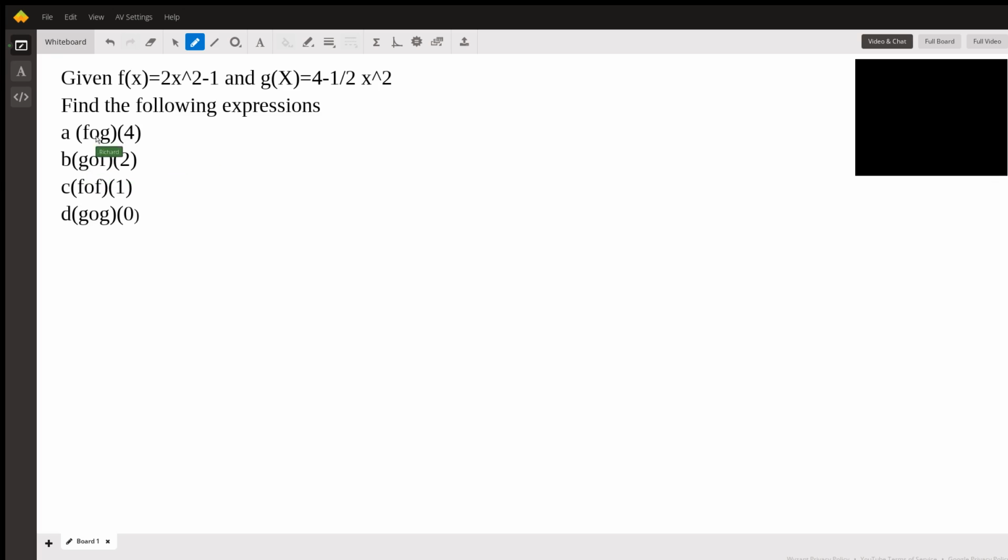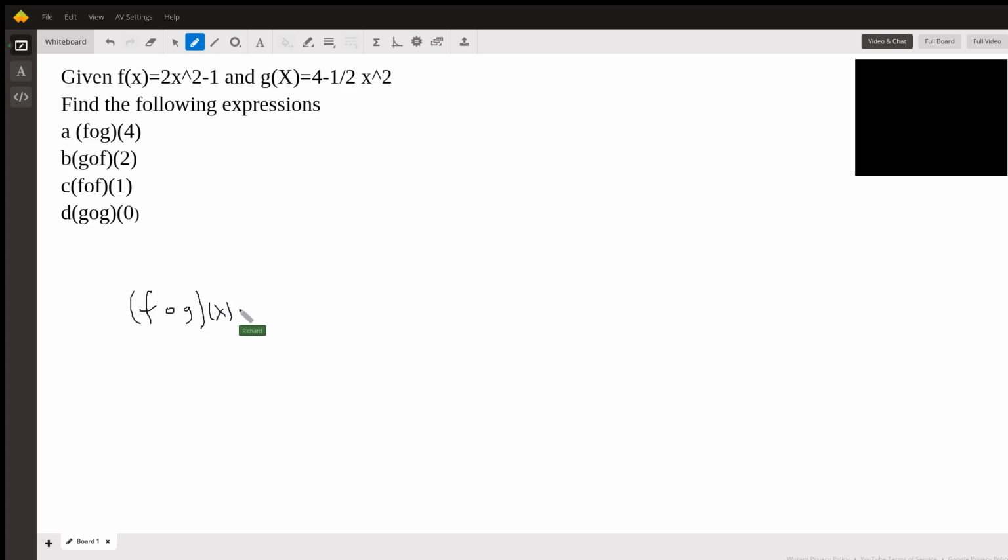This has to do with composite functions, and I think most of the confusion here is probably just due to notation. So when you see an f with an open o, f of g, oh, it's supposed to be a g, f of g of x, like this.